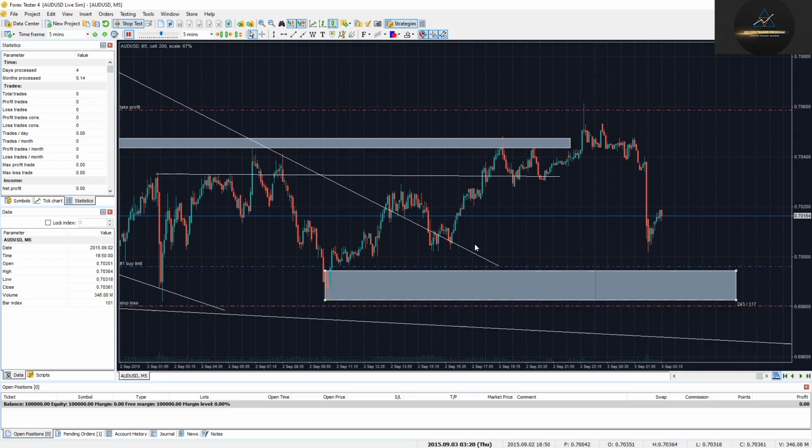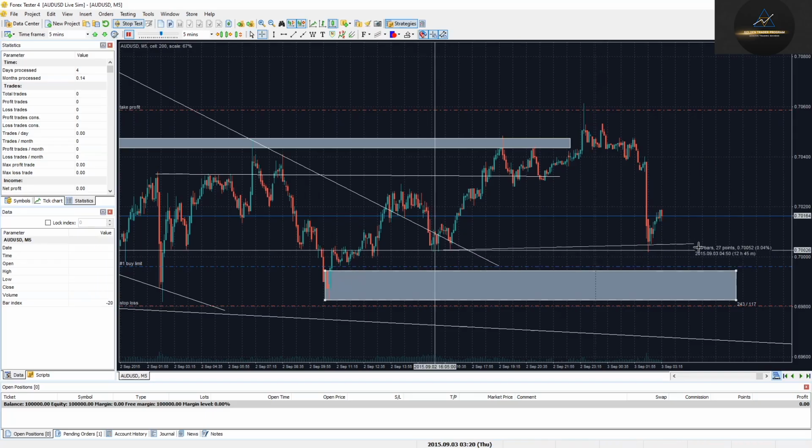I would say it significantly weakened this block. So I wouldn't trust it. I would rather wait. That's why I decided to go for the one below, because they also engineered equal lows.